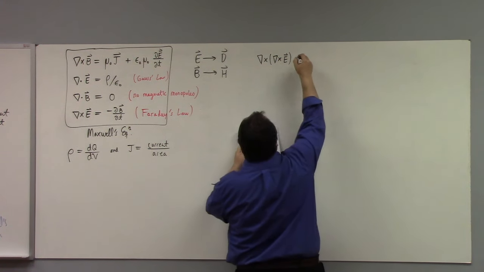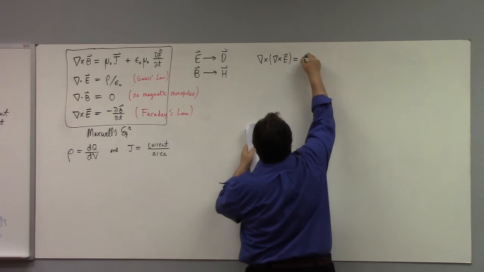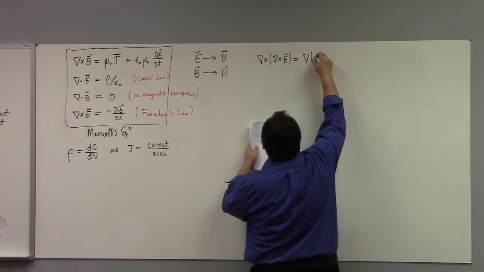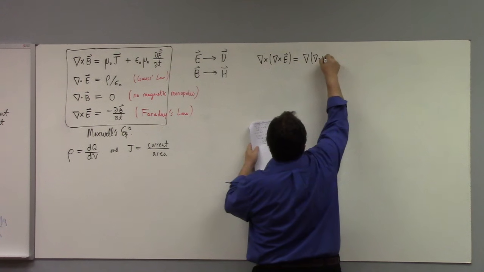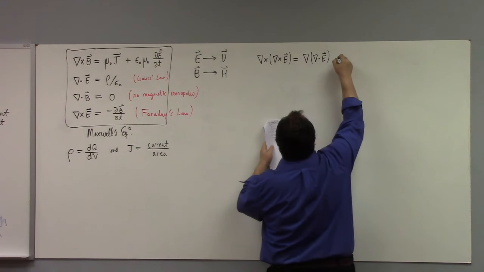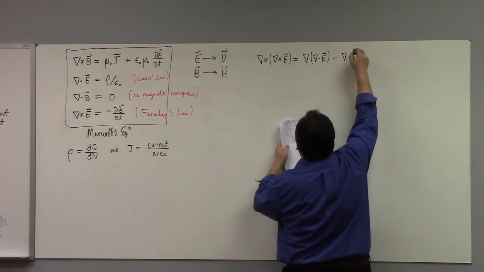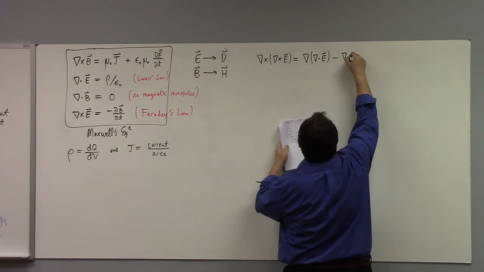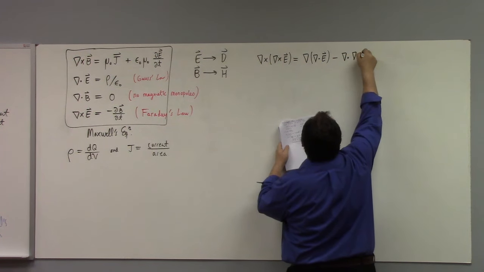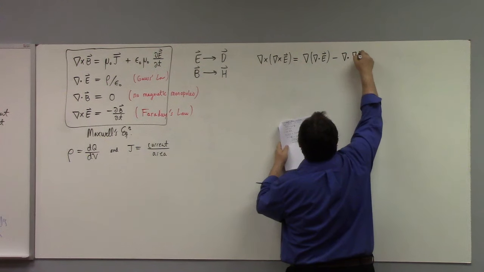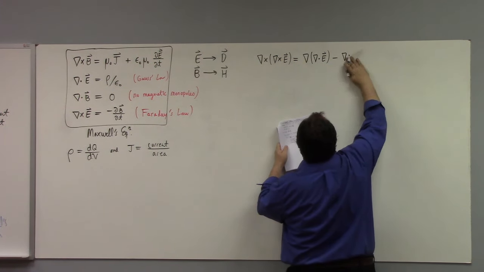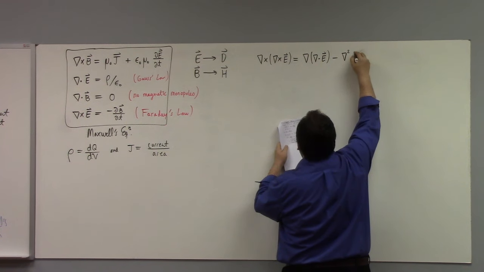Well, it turns out this is equal to the gradient of the divergence minus the Laplacian. I'm not writing this right. My bad. Let me just write it properly. Nabla squared E.